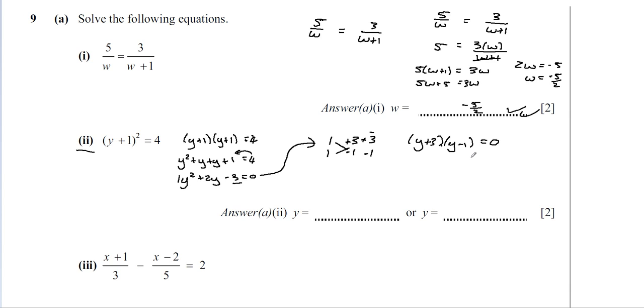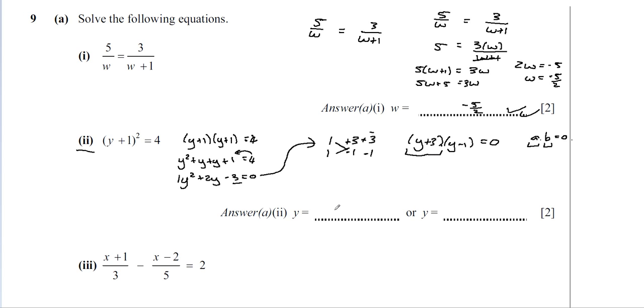So we're one step closer to getting our solutions. We have y plus 3 times y minus 1, and we need the values of y. Keep in mind this is the same as saying a times b is equal to 0. This whole expression is equal to 0 if either a is 0 or b is 0. If a in this case is the y plus 3, what value of y will make this whole bracket 0?